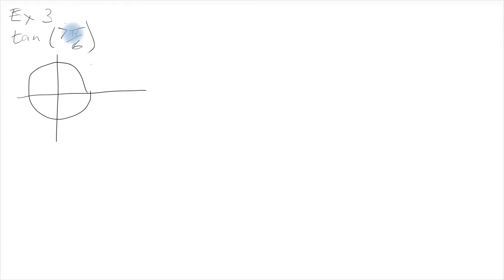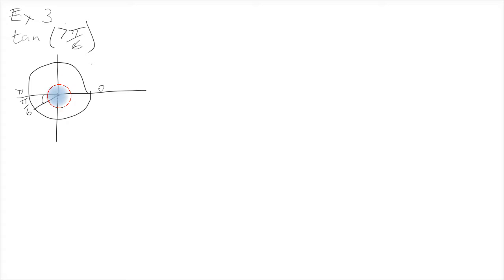So we're going to evaluate again tan 7 pi on 6, and we're going to follow the same procedure. We're going to identify where 7 pi on 6 is in our unit circle. So 7 pi on 6 is slightly greater than pi radians, greater by pi on 6.